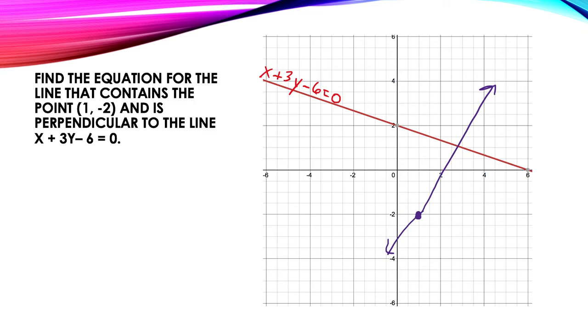All right, so let's begin by taking the line that they gave me the equation of, and let's find the slope. And again, I know that in order to find the slope, I have to solve the equation for y. So I'm going to begin by adding 6 to both sides.